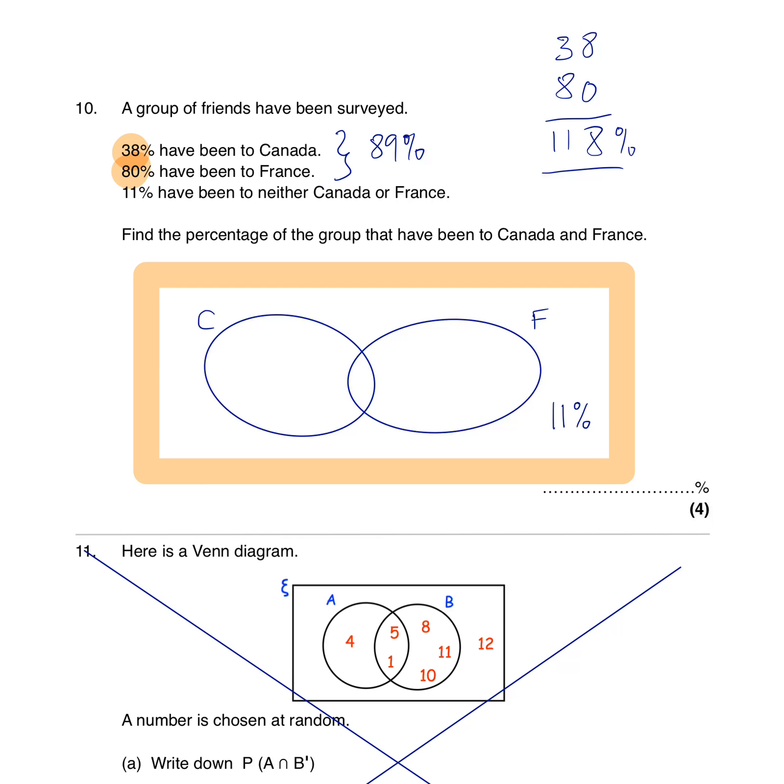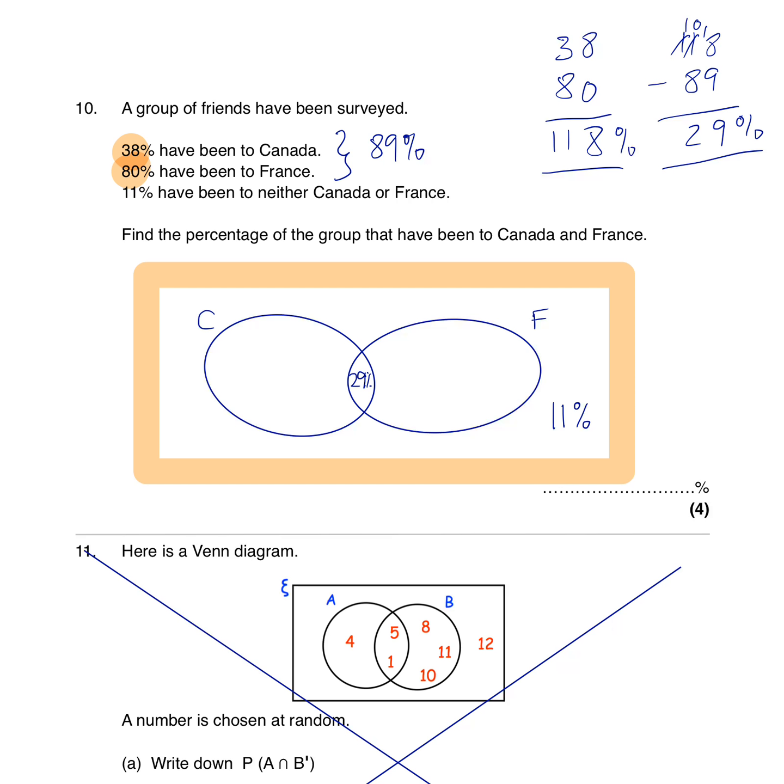So I need to work out how many people are in that middle section being counted twice. And that would be 29%. 29% have been to Canada and France.